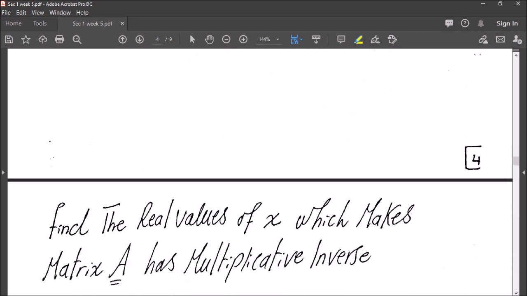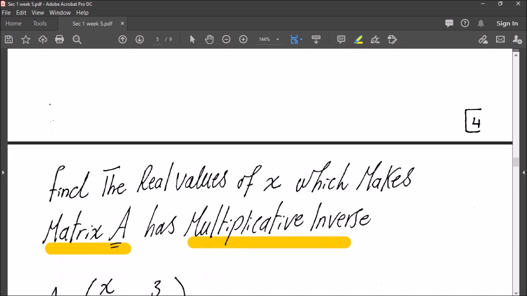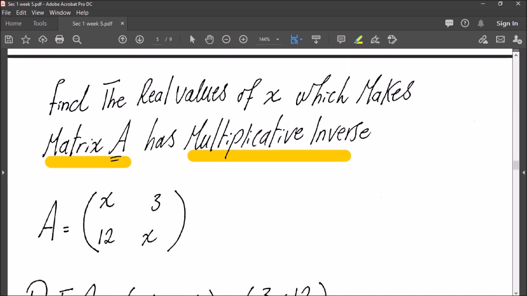Find the real values of x which make matrix A have a multiplicative inverse. I said earlier in this video that I have only one condition that makes any matrix have a multiplicative inverse: the determinant cannot be equal to 0. So matrix A is [x, 3; 12, x].